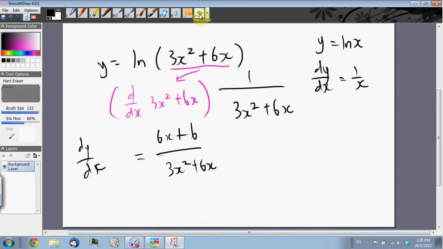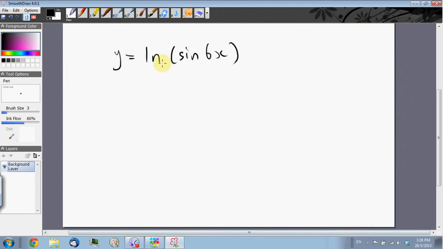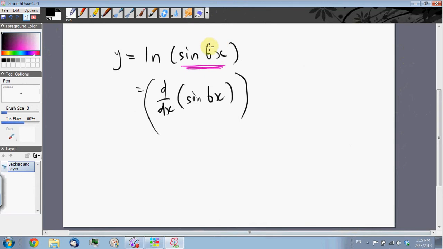One more last example, if you have a mix of functions, for example ln of sine 6x. Remember again, now this looks a little complicated, but actually it's not. First you do the ln, so you need to differentiate what's inside the function, which is sine 6x, so you need to take it out. If you don't want to confuse yourself, write it like that. You bring this thing out, and then you change the ln to 1 over, and since the ln applies to the whole thing, you put the whole thing at a 1 over.